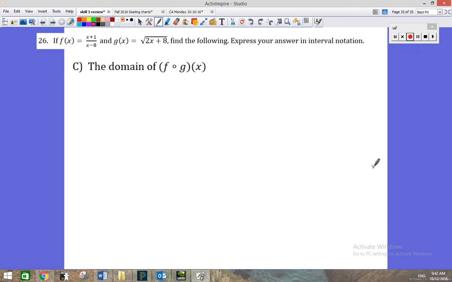For part C, they want me to find the domain of the function composition. So let's think about what this composition means. We start with the second function g, and we input values from the domain into g. So this x has to be in the domain of the second function, or otherwise we will not have an output.